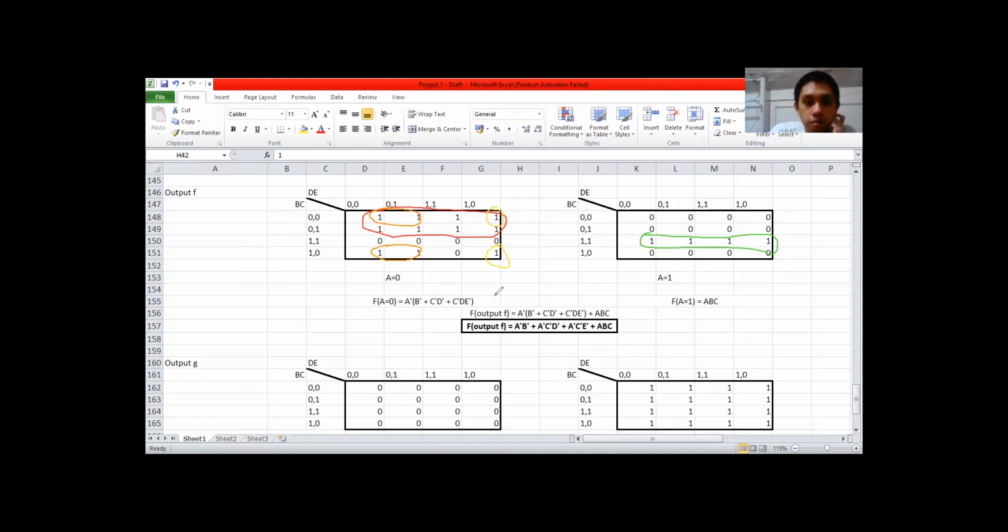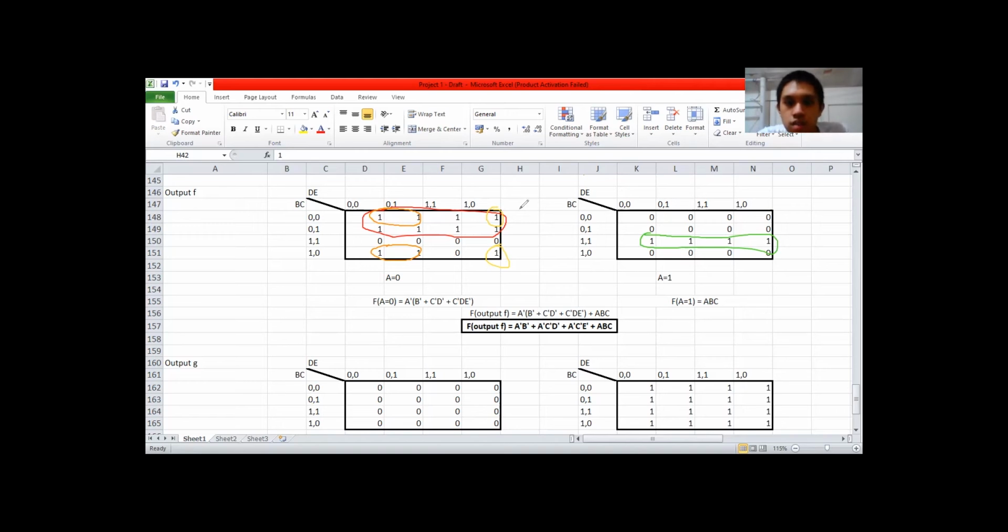For the yellow group, A is 0, B is changed from 0 to 1, therefore cancelled. C is unchanged from 0, which is 0. Since these ones in the yellow group lie in the same column, D will become 1 and then E will be 0. Therefore, the expression will become A prime ANDed with C prime D E prime.